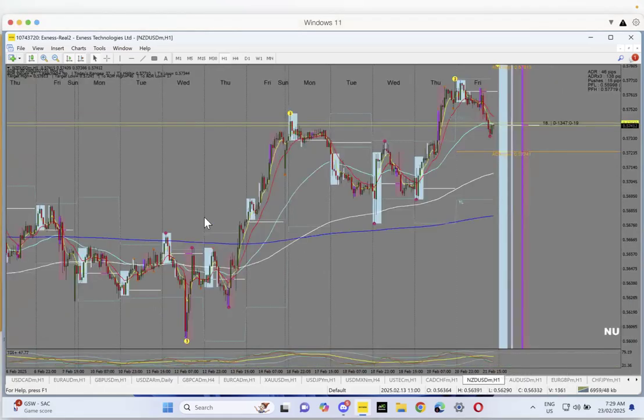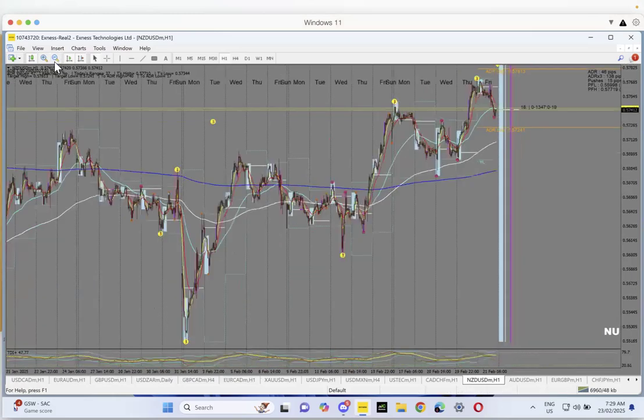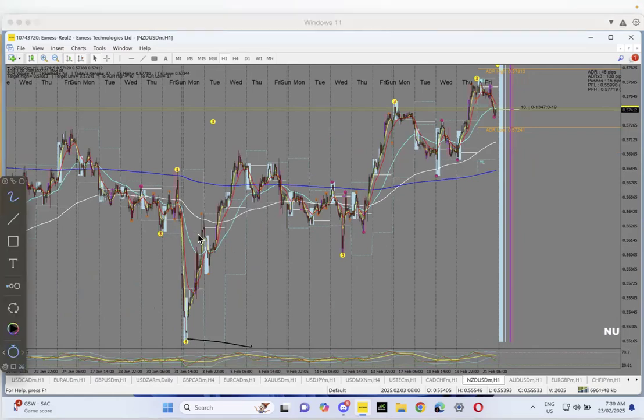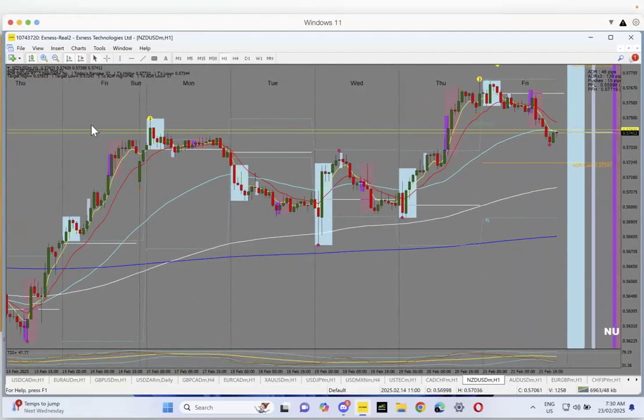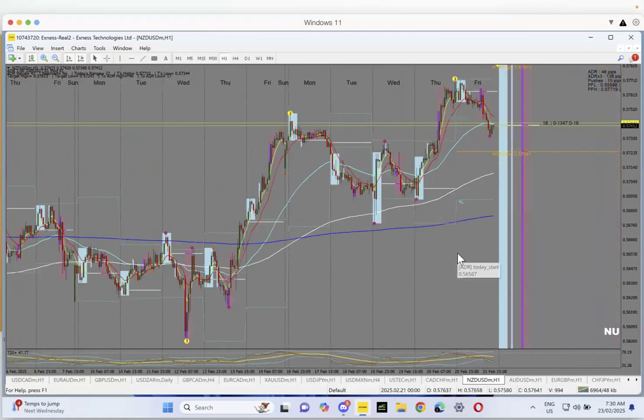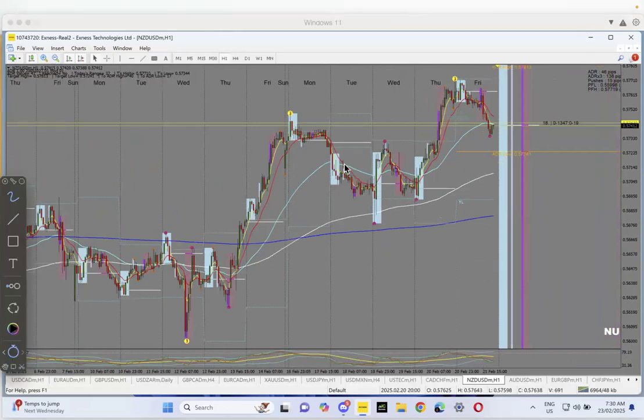Let me see if I can find it. All right, NZD USD as well, same thing. So NZD USD does look like AUD USD, but the good thing I love about this one is that it formed the first level, formed the second level into a consolidation, and then formed the third level. Now, if you look closely at what happened here, this one actually formed a very nice and beautiful W. Even the M is not that bad at all, though it's not the M that you want.